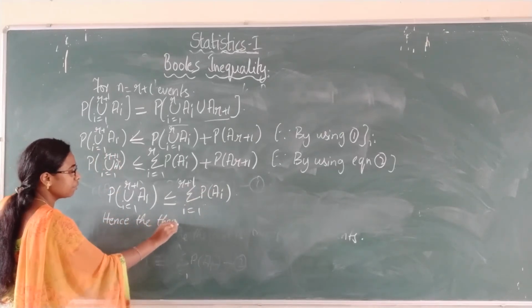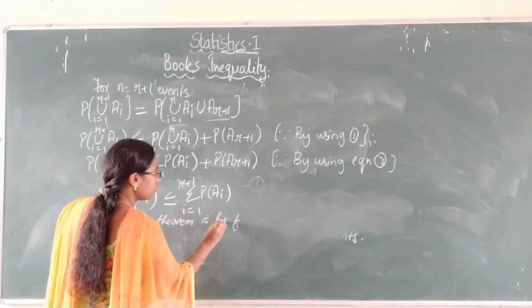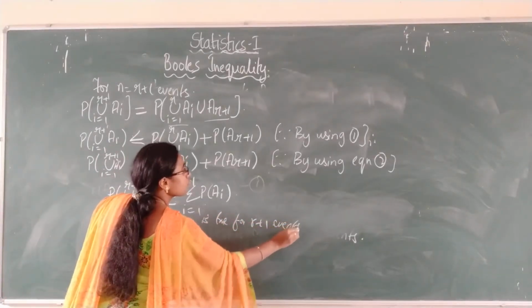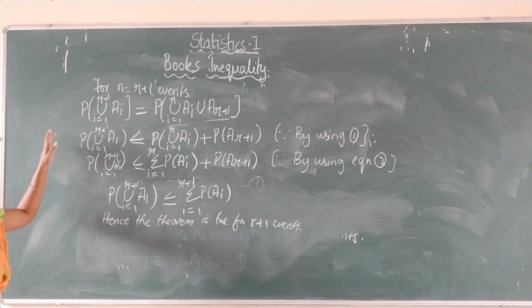Hence the theorem is true for r plus 1 events. So the theorem is true for n equals 2 events, n equals r events, and n equals r plus 1 events also.